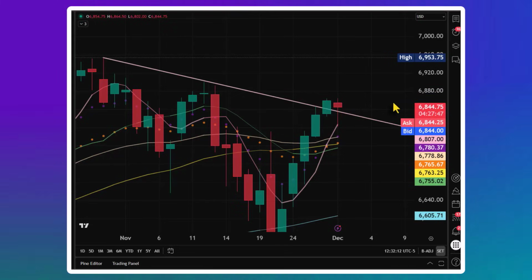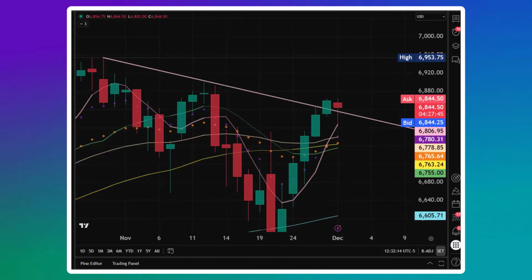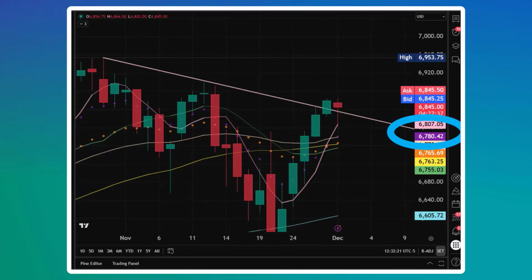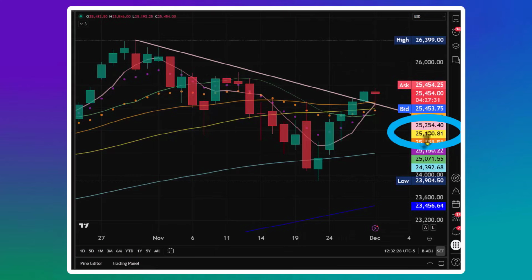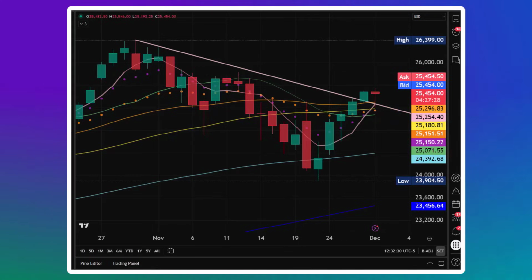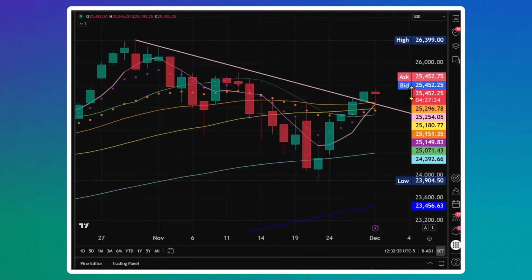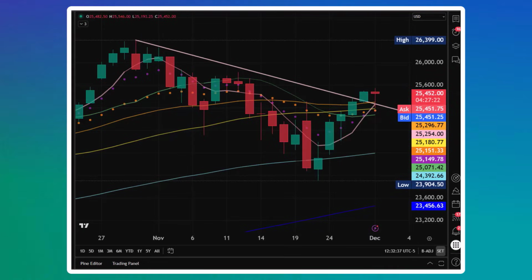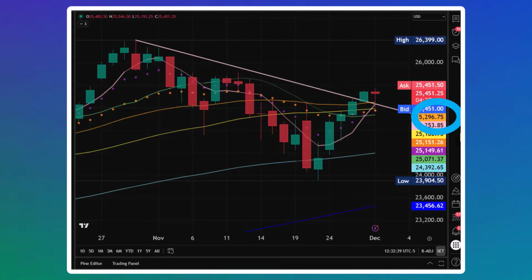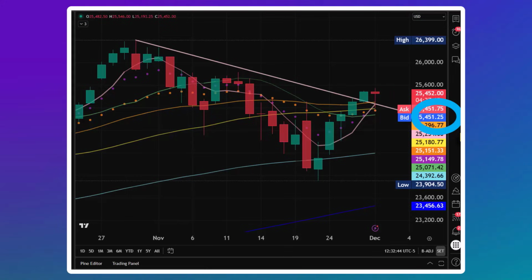And I am also very much aware that we are above the 6807 level on the ES, and on the NQ, the 25,388 level, which is a very important area that we have to hold, or else we're going to be balancing. So my two key levels this week are going to be NQ 25,388.